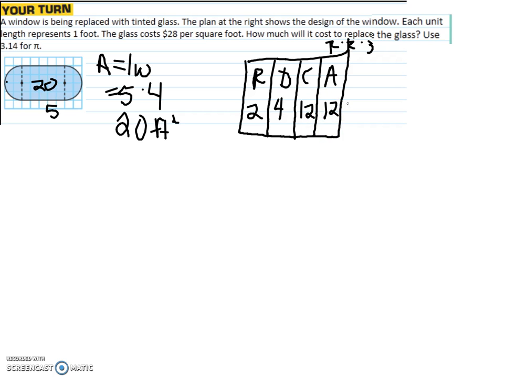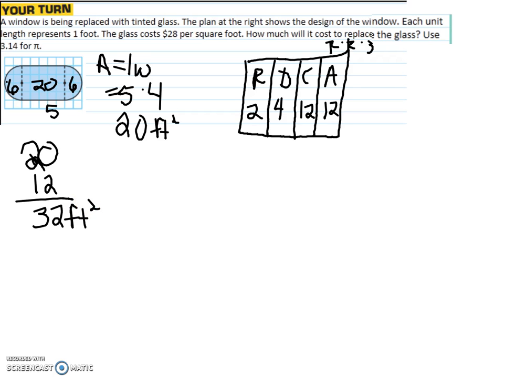And we don't have to divide this in half because here's half a semicircle, here's another half of the semicircle. All together, it adds up to 12. So if you add up 20 plus 12, you're going to get a total of 32 feet squared.